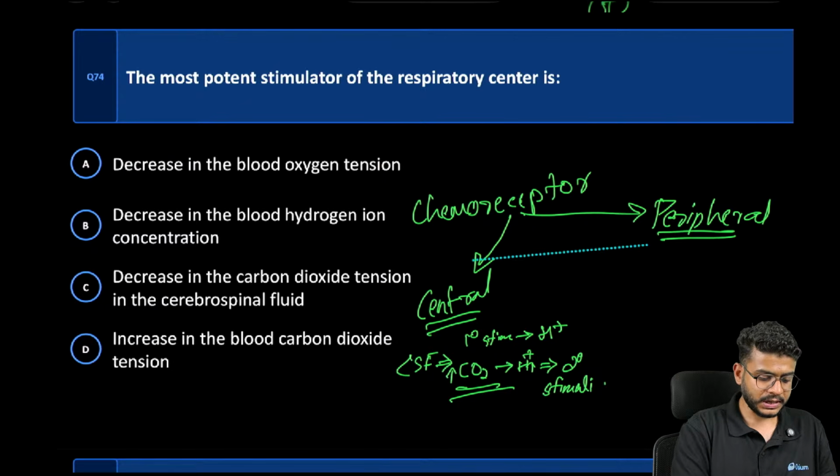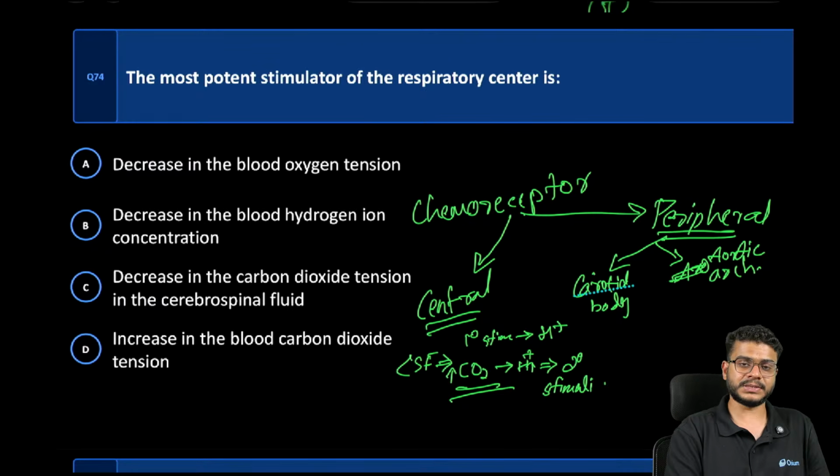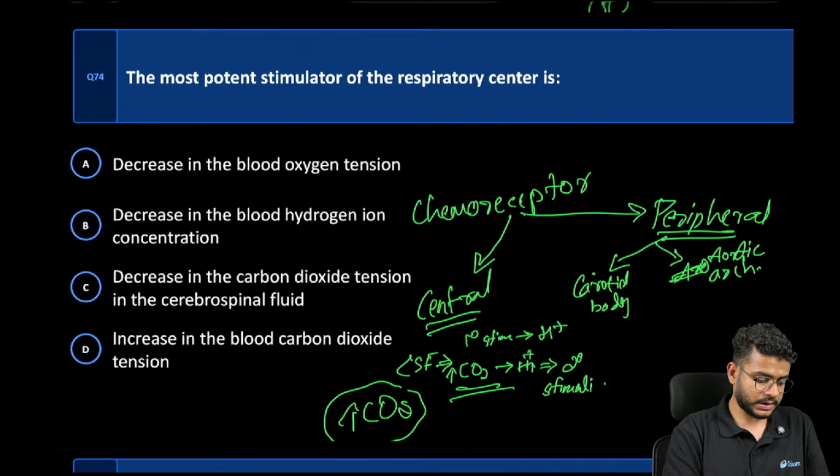Peripheral chemoreceptors are present in two sites: at the carotid body and at the aortic arch. Basically glomus cells are present at the carotid body and aortic arch. Now, the central chemoreceptors are sensitive to increase in carbon dioxide.